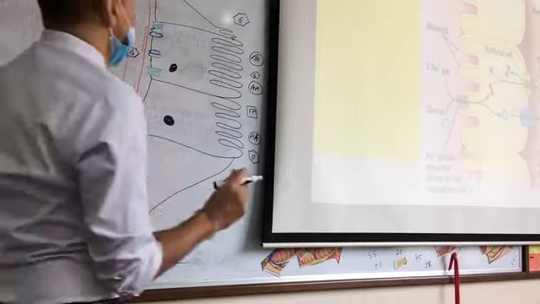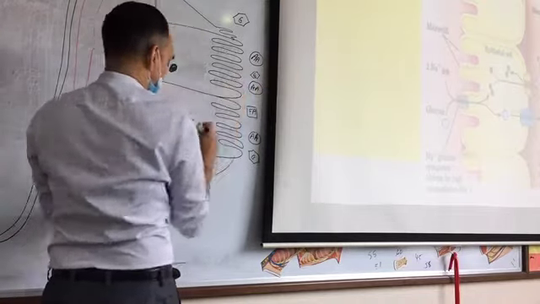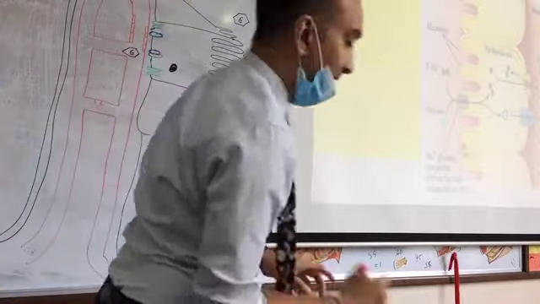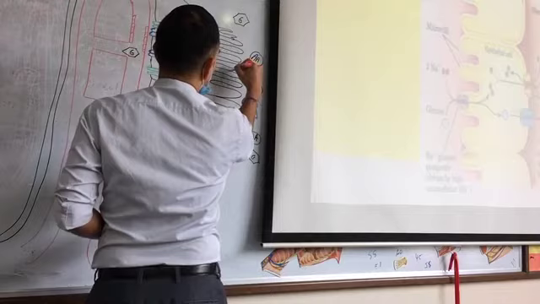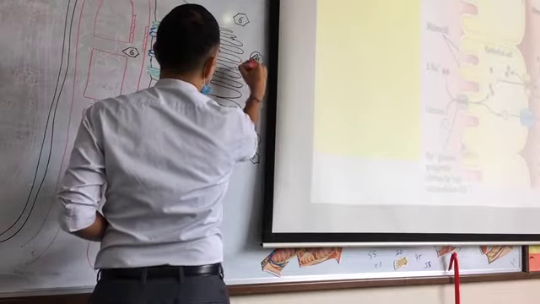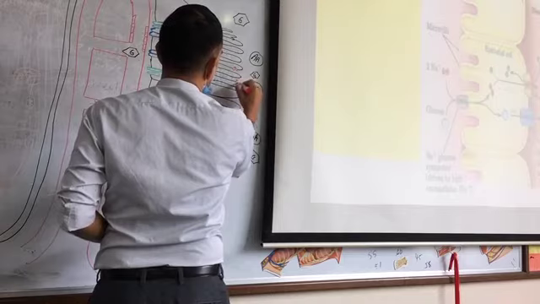Descriptive title. Okay, and then one more is going to be on the lumen side. On the lumen side is going to be another several proteins. I'm going to do it sort of different shaped here just to have some variety.